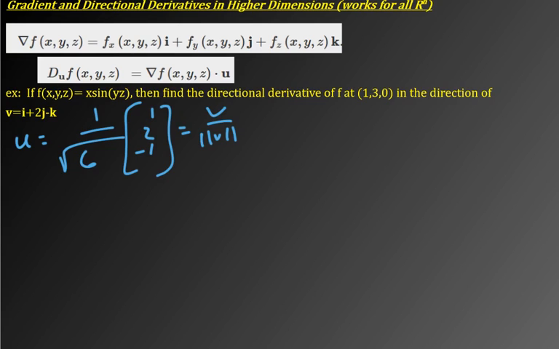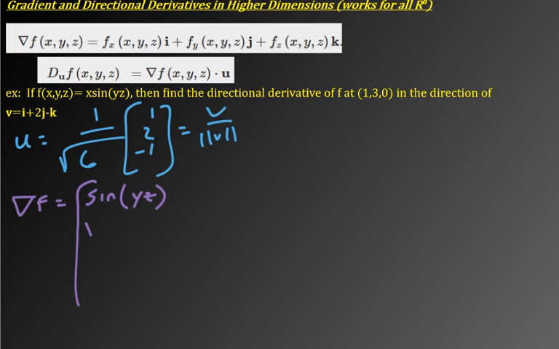And then the gradient of f is going to be this vector of all the partials. So for the first, f with respect to x, we can literally just copy down the sine part because the x just kind of drops off there. And then we'll do chain rule for this other part.